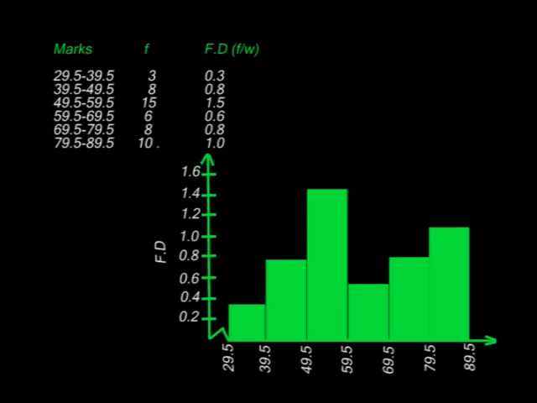Now notice that the graph didn't begin at point 0. Why? Because this would be a misrepresentation of fact. We start from 29.5. The graph there indicates that it doesn't begin from 0. Now, except for the starting point, this histogram appears just like a bar graph.